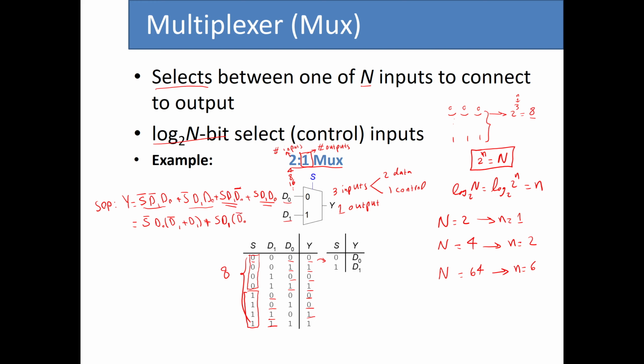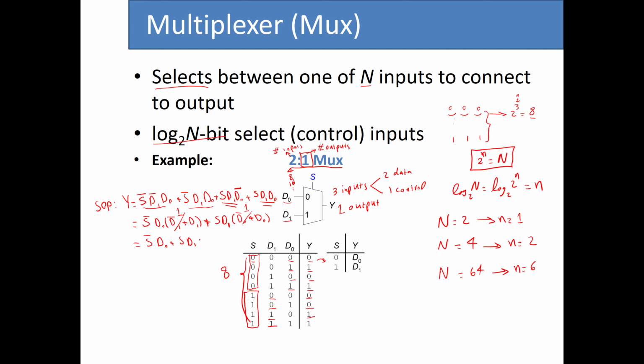So I end up with S D1 multiplied by D0 bar plus D0. As you know, again, this equals 1. This also equals 1, which makes the final function S bar D0 plus S D1.